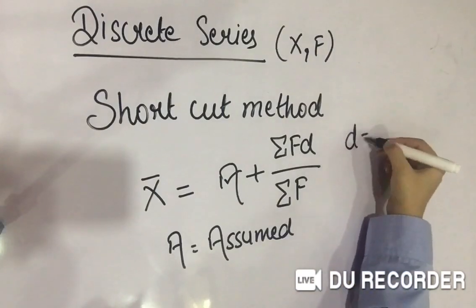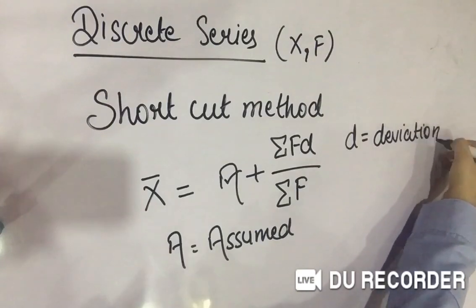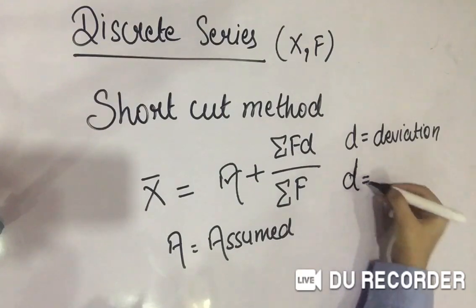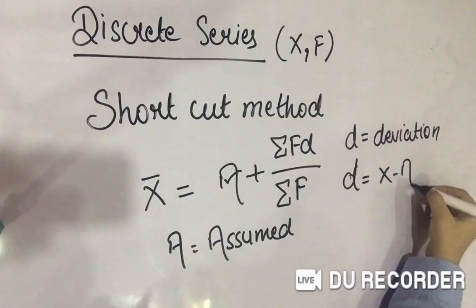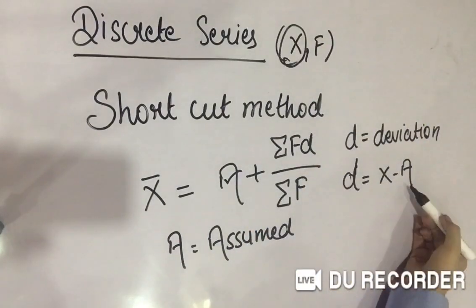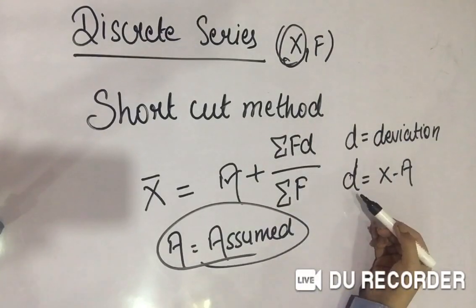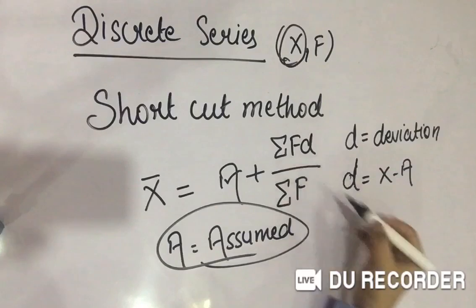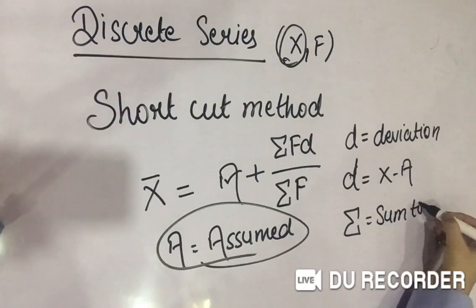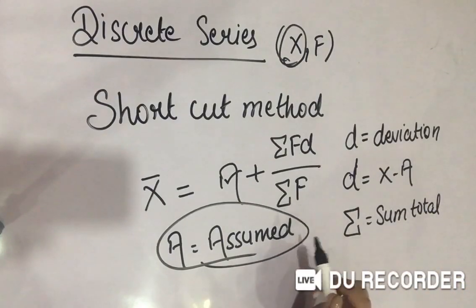D means deviation, and deviation can be calculated as D is equal to x minus A. X is the variable and A is assumed out of the x column only, so that will be D, deviation. Summation means sum total, and summation F means sum total of the frequency.